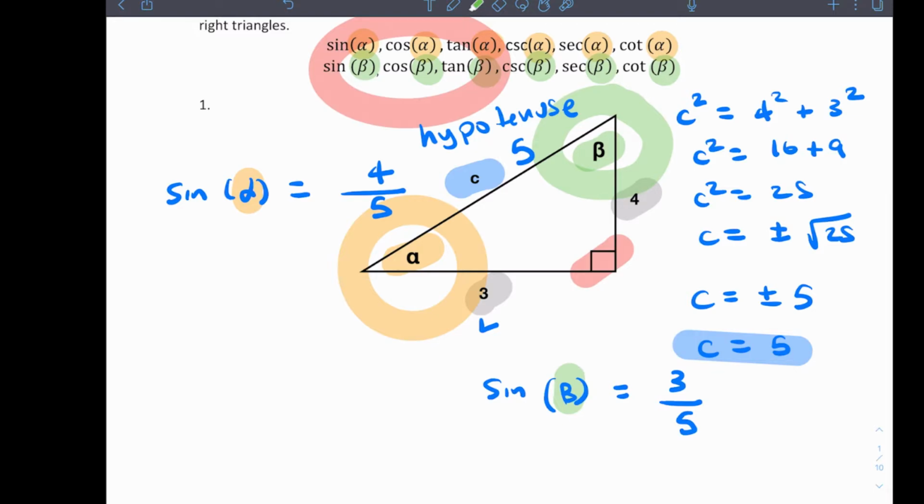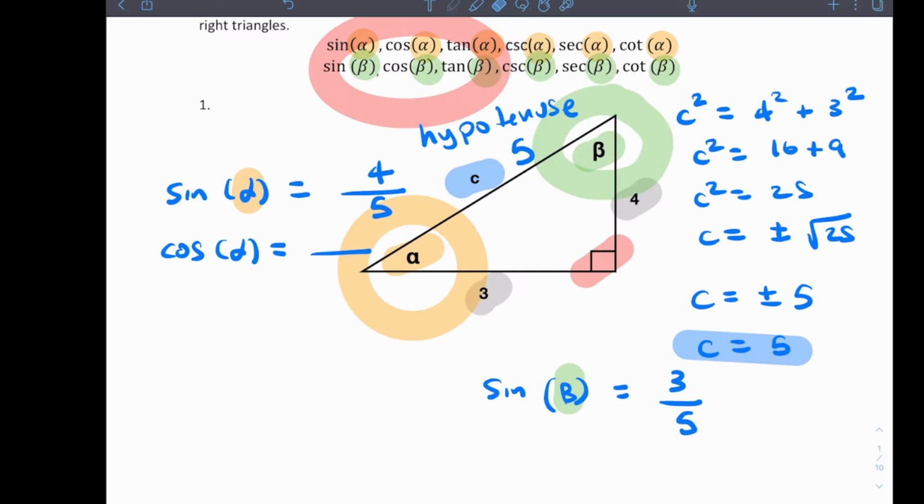All right, now let's do cosine. Cosine alpha, what's that definition? If alpha's right here in orange, what's the definition of cosine again? Anybody remember? It's adjacent over hypotenuse, is that right? So it's the adjacent side now.